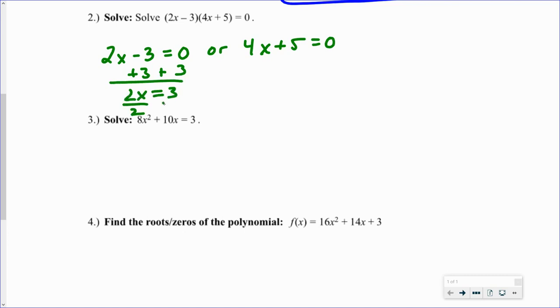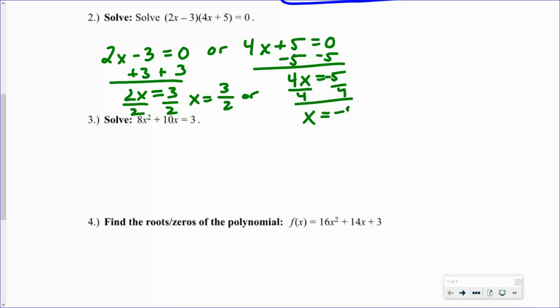And then we'll divide both sides by 2, and we'll get x equals 3 halves. Or subtract 5 from both sides. We get 4x equals negative 5. And then we'll divide both sides by 4. So x would equal negative 5 fourths. So the solutions to this equation should be x equals 3 halves or x equals negative 5 fourths.